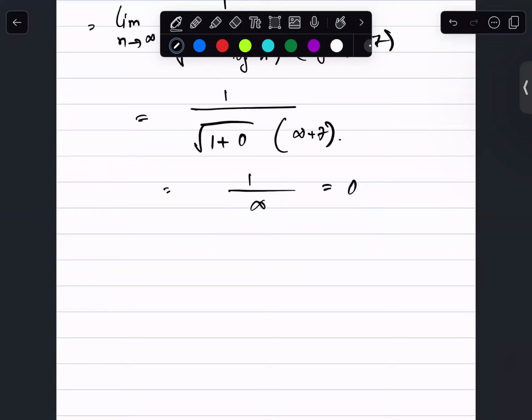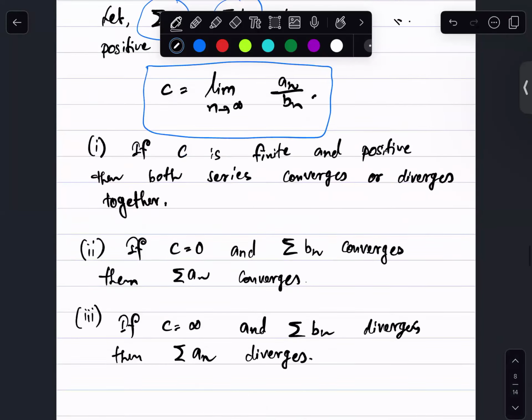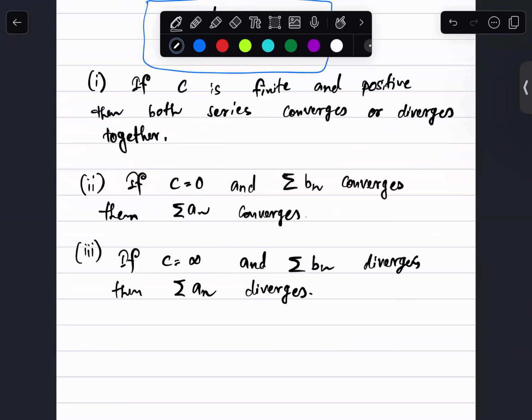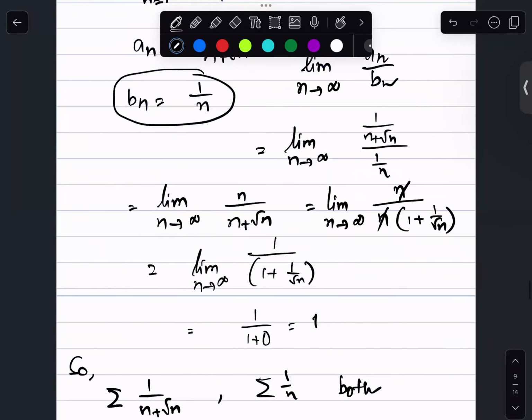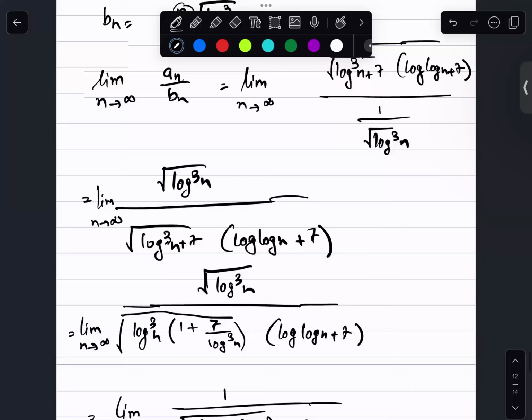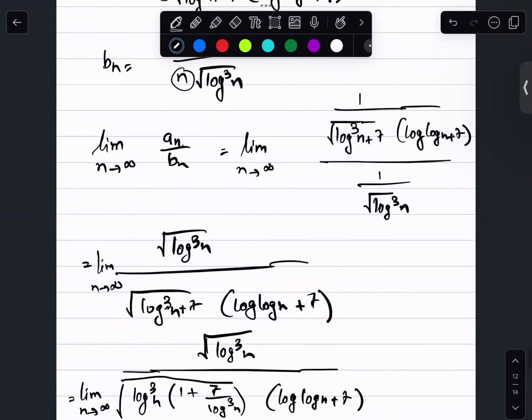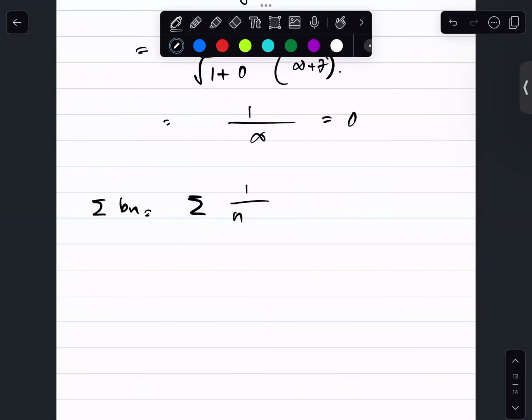Okay, so now if I go back to the result: if my c is 0 and summation bn converges, then summation an converges. That's it. So the question is, is summation bn converging or not? Summation bn is again summation 1 over n, this.